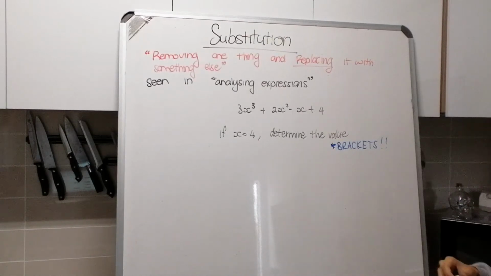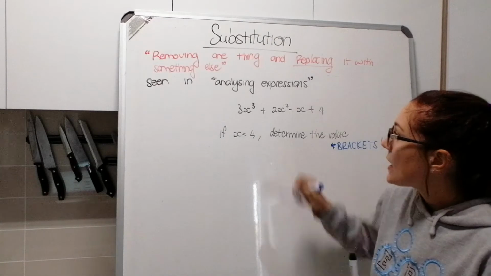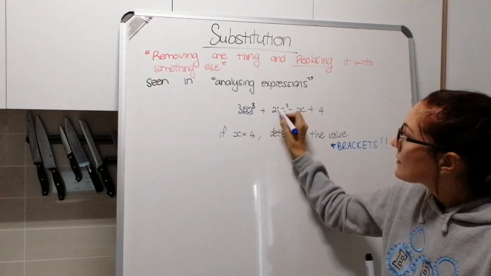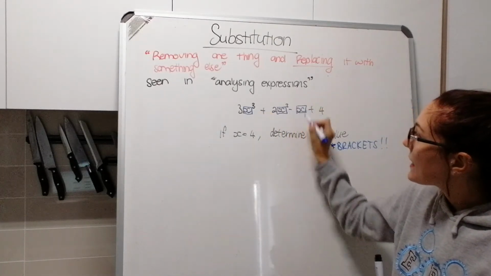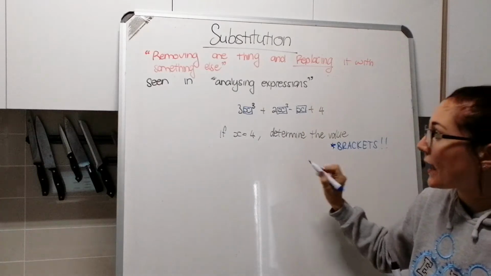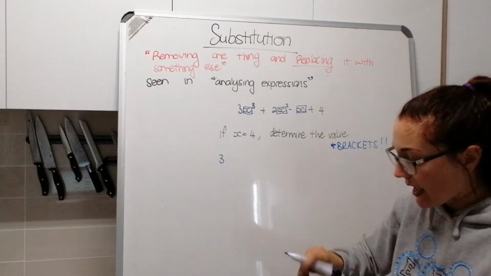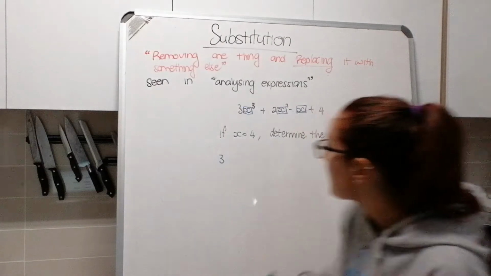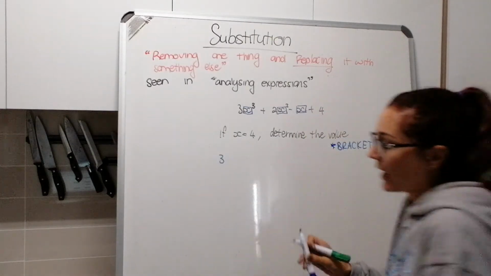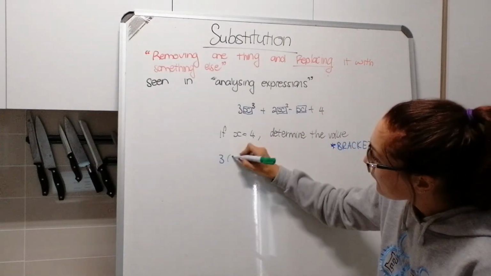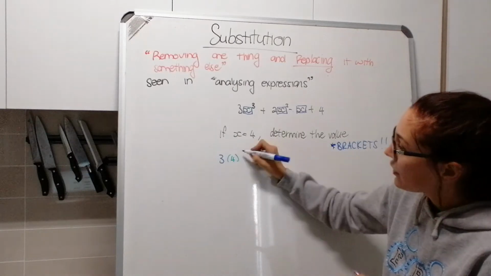So the way we're going to do this is everywhere we see an x, we're replacing the x with the number 4 in brackets. So we're going 3, and instead of x, we're putting a 4 in brackets, cubed.